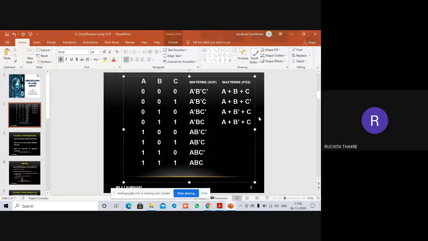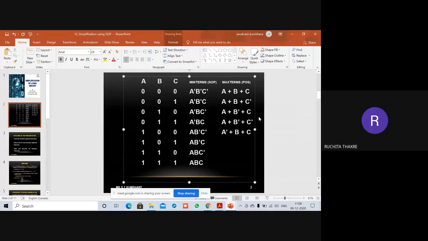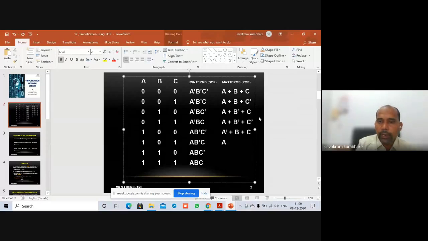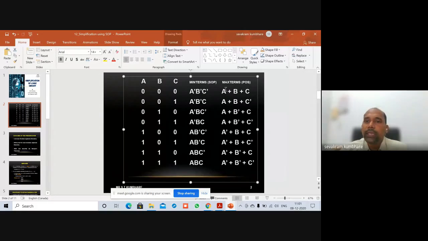Similarly, A bar plus B plus C, then A bar plus B plus C bar, then A bar plus B bar plus C, and A bar plus B bar plus C bar. This is the way min terms and max terms are mentioned.